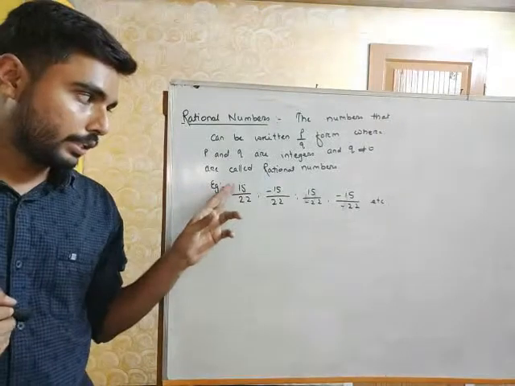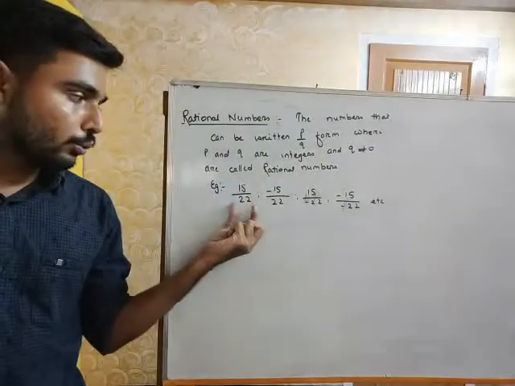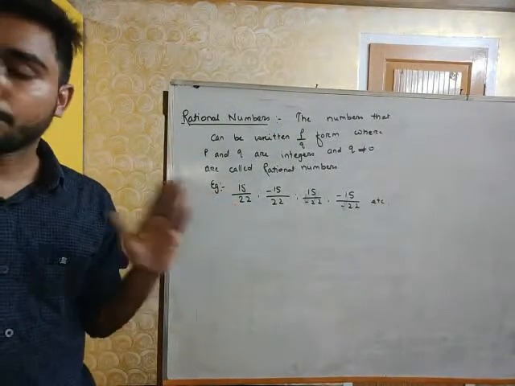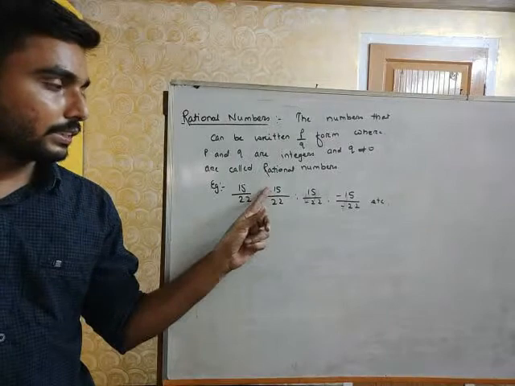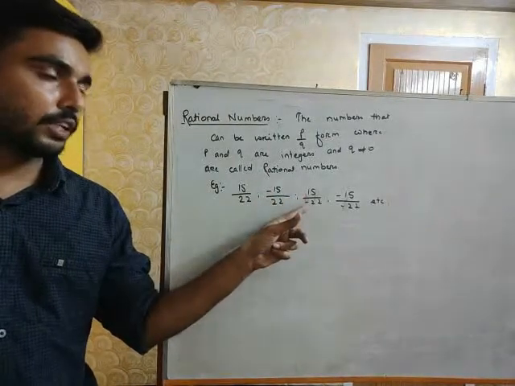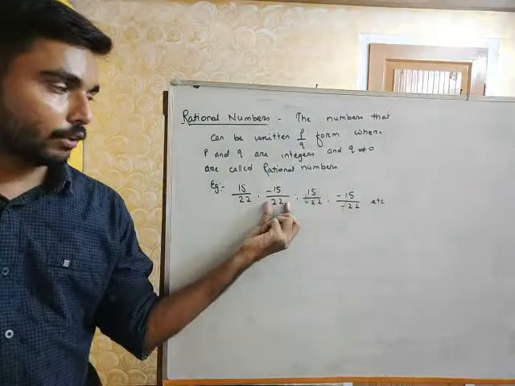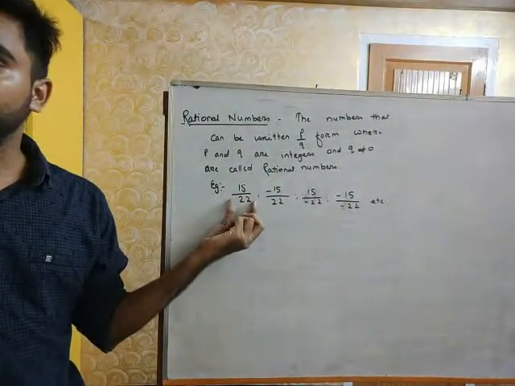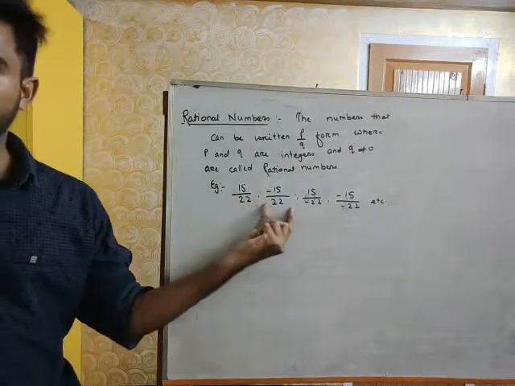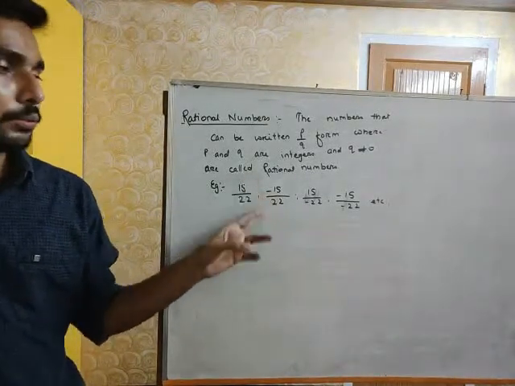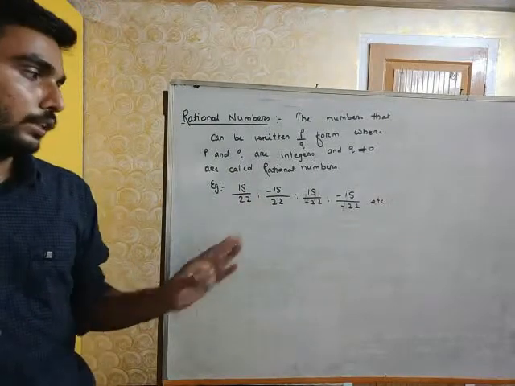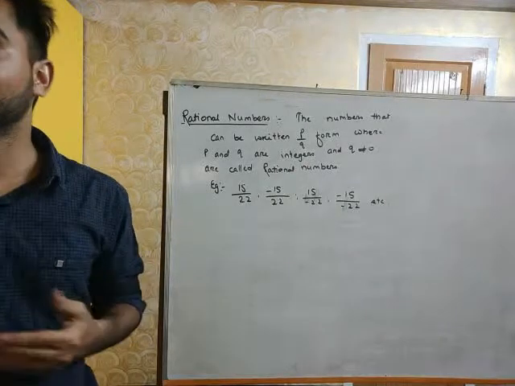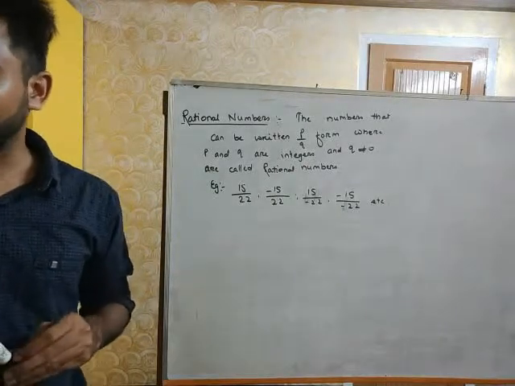Numerator and denominator can both be positive, so you can call this a fraction and also a rational number. Numerator negative and denominator positive, numerator positive and denominator negative, both negative: these cannot be fractions, because a fraction is never negative. But these can be rational numbers. If you say these are fractions, you are wrong, because in a fraction numerator and denominator are whole numbers only. Clear? Can you differentiate now what is a fraction and what is a rational number?